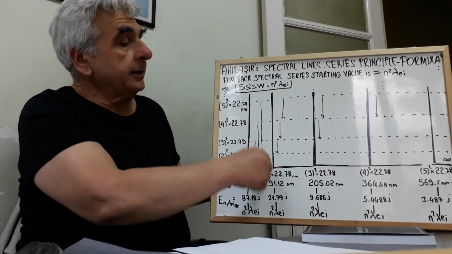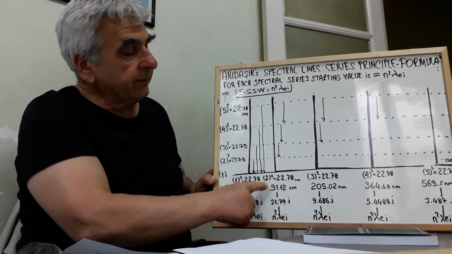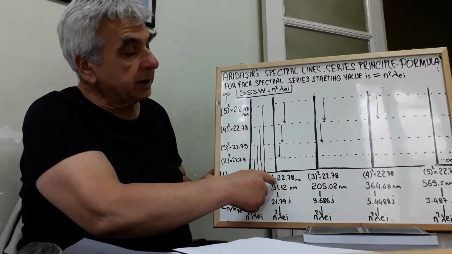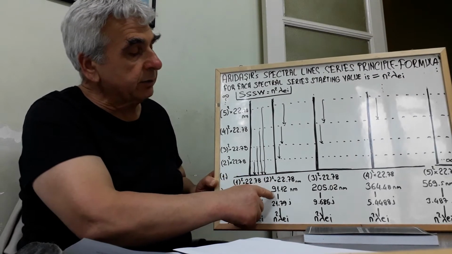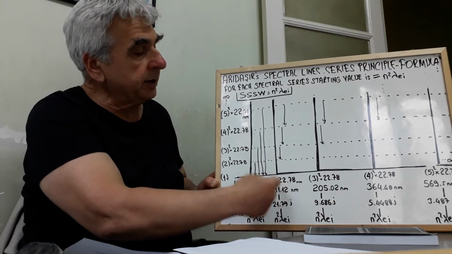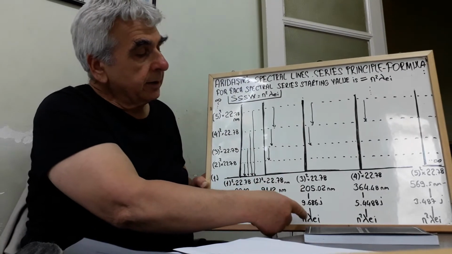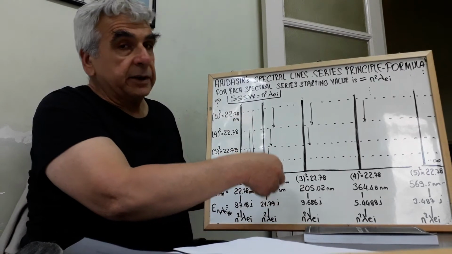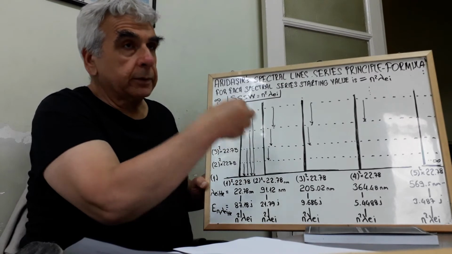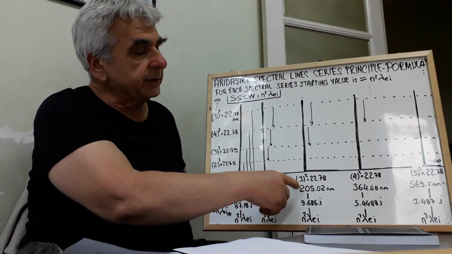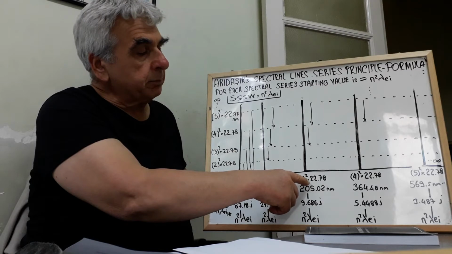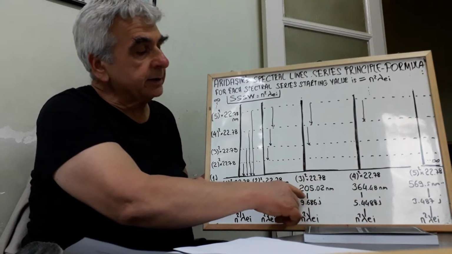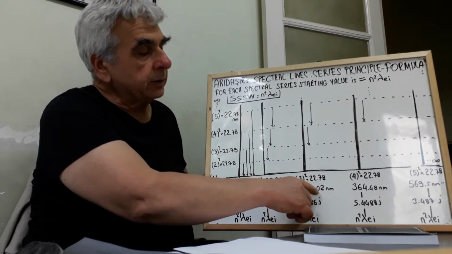Second series starting value is 2 squared multiplied by 22.78, which is equal to 91.12 nanometer. Then the third starting value of helium series is 3 squared multiplied by 22.78 nanometer. It's 205.02 nanometer.